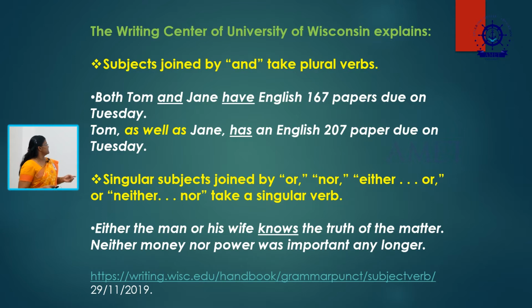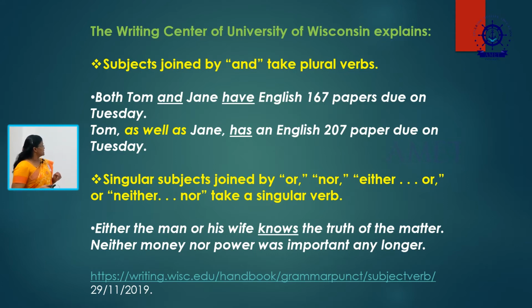In the next sentence, Tom as well as Jane has an English 207 paper due on Tuesday. Here the conjunction as well as is used, which never changes the singular status of the subject. So, the singular verb has is used.